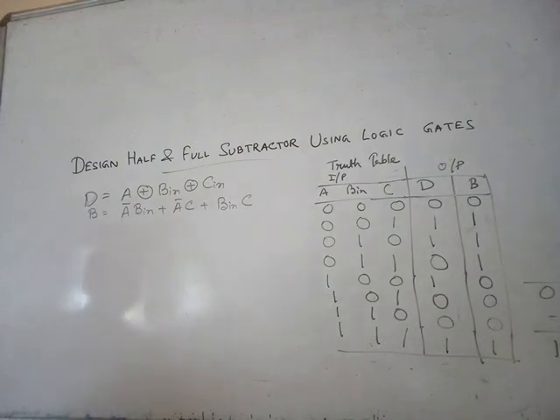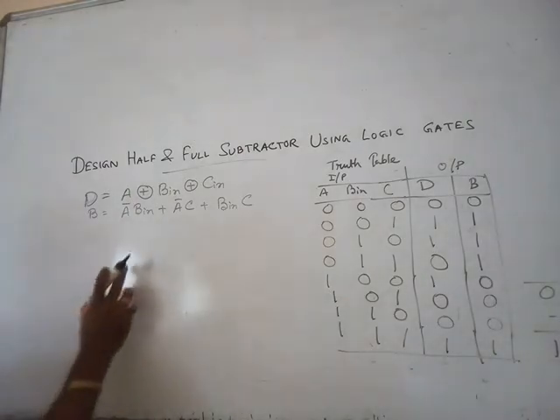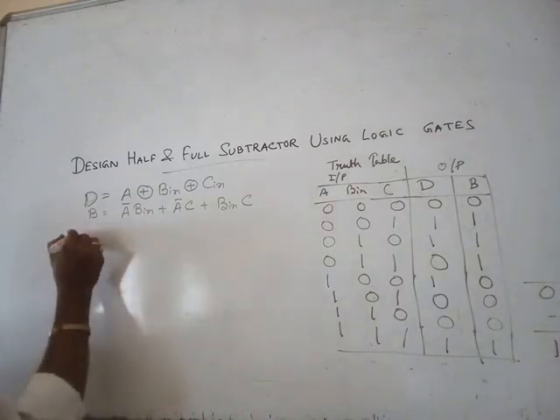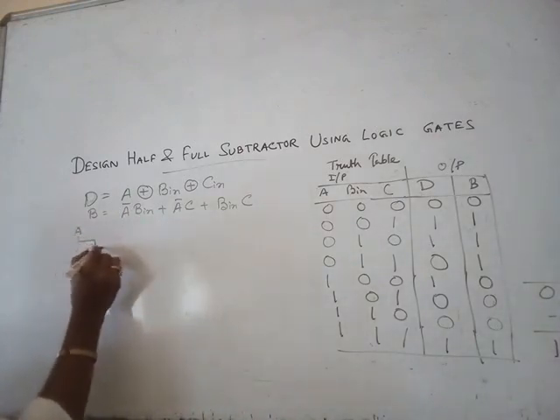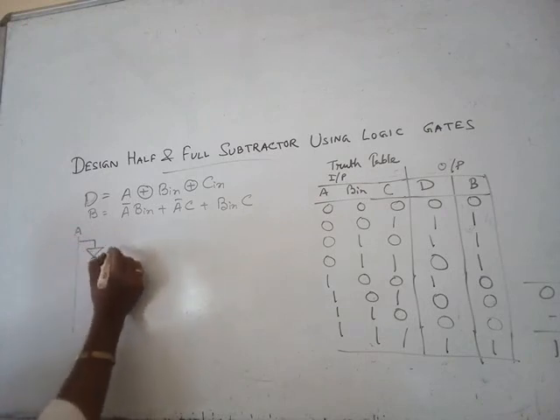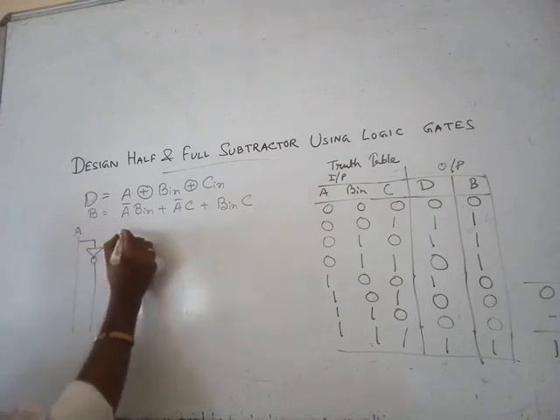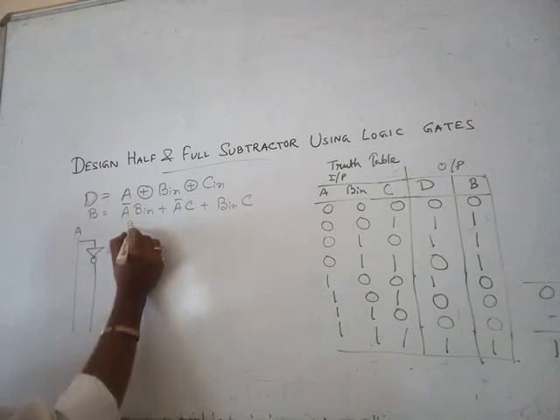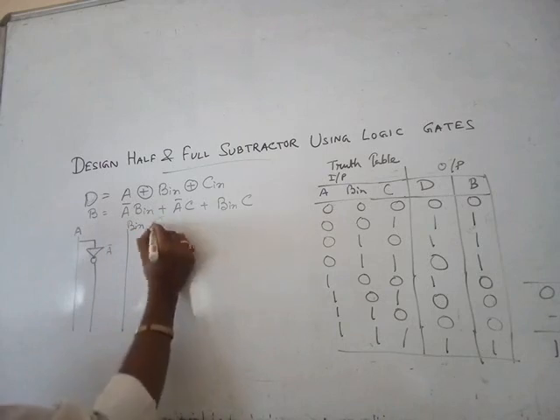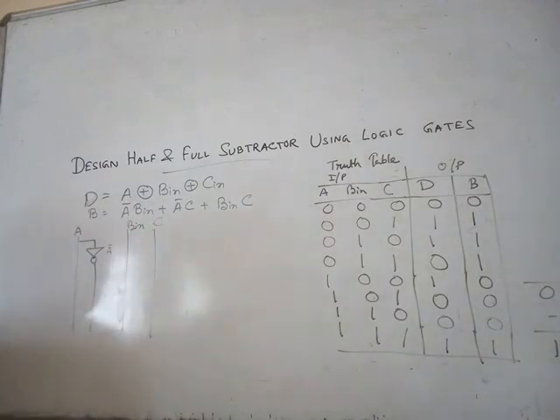Now, from the expression, you can see that there is a bar. So it is input line A. You have to take A bar also. So it is for the A bar line. Next input B in. Next input C. Okay.